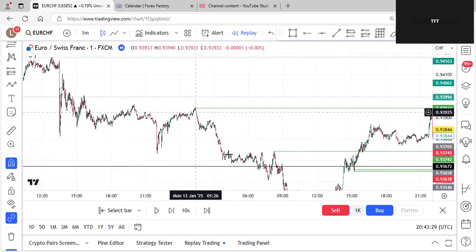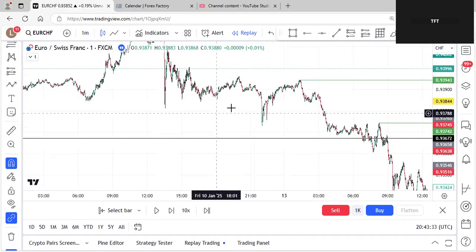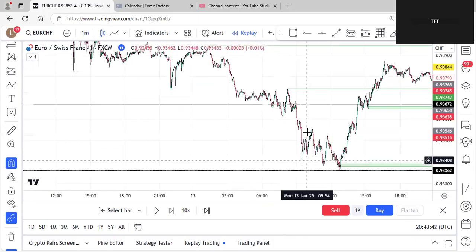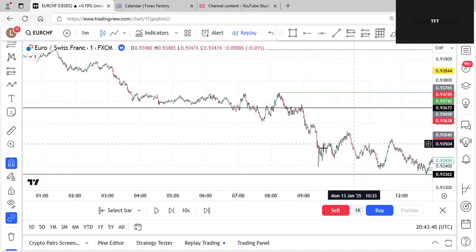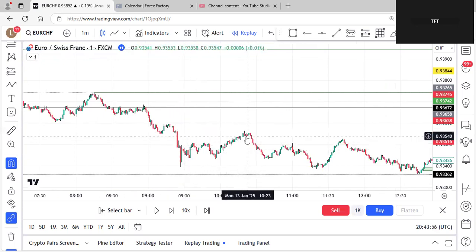Pull back here, continue down. Pull back, high, low, high, low, high, and then it's debatable whether this is or isn't. I suppose my thinking would have been, because this is such a big drop here, does this just correct this price action rather than an authentic pullback?